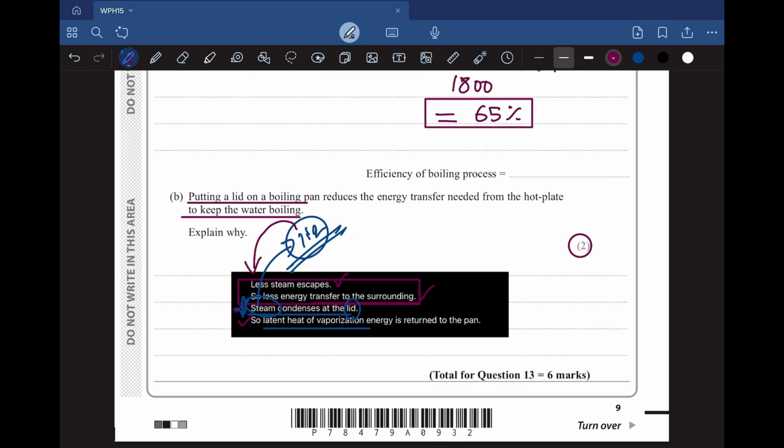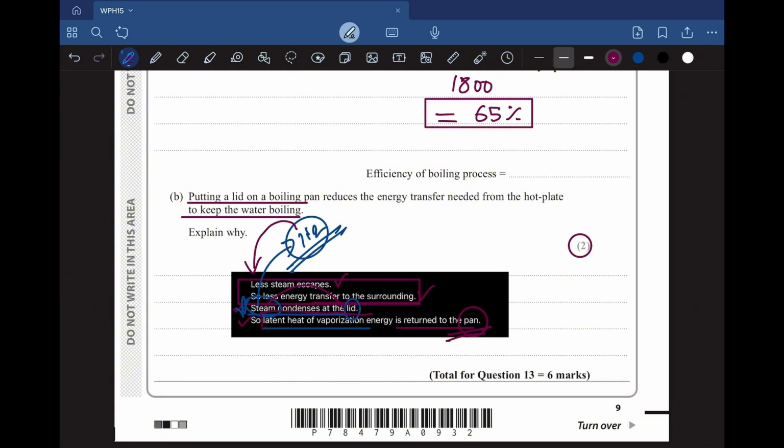So it has previously used latent heat of vaporization energy to convert from liquid to steam. Now when it has condensed at the lid, it is returning that latent heat of vaporization energy to the pan. So at that time it releases the energy, and this energy is going back to the hot water.